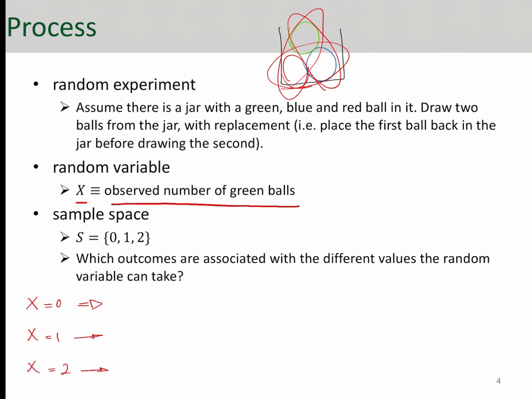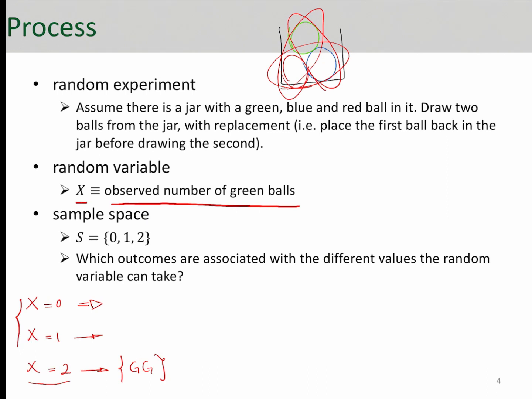So pause the video, take a moment, and write them down. Just to give you a heads up, when x is equal to 2, meaning that the observed number of green balls is equal to 2, there's only one outcome that gives you that. That is green, green.